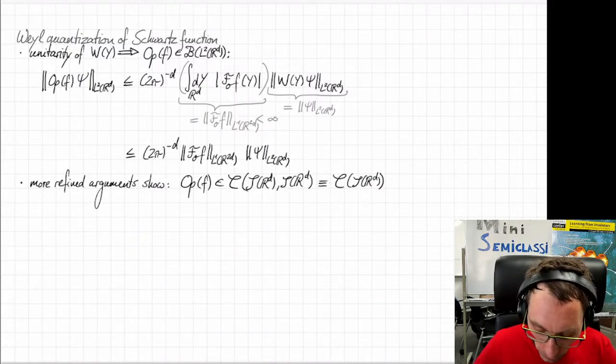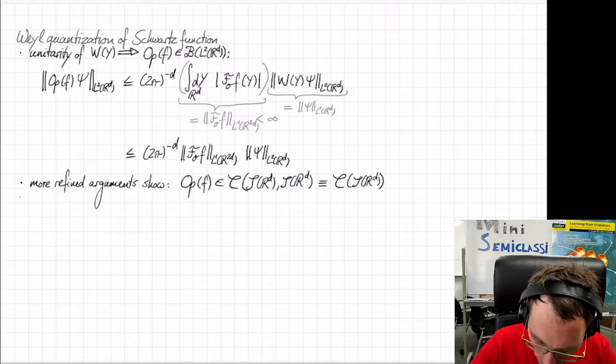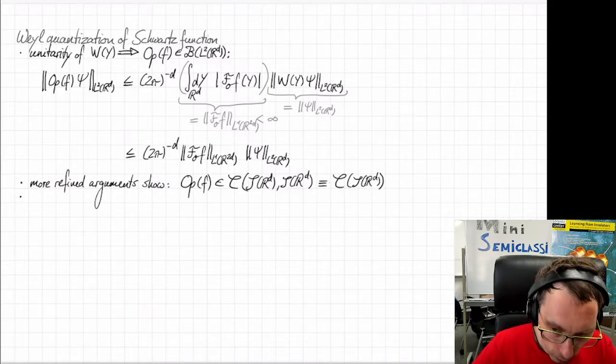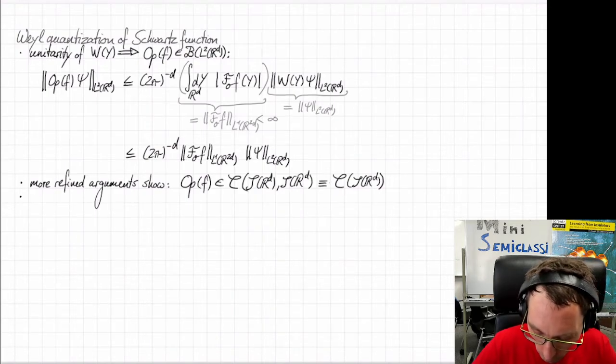And another important thing that follows directly from the definition is that because we're dealing with bounded operators, self-adjointness is the same as symmetry in this case.